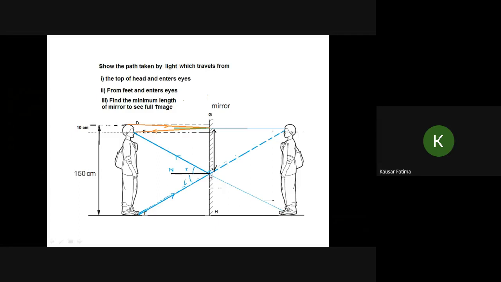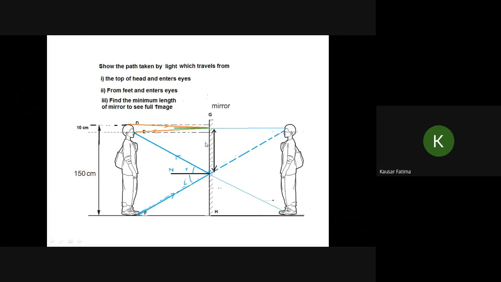Okay, so this part is the bottom of the mirror, and the upper part: the head's ray strikes this part of the mirror and goes back, to this point. If this is 10 centimeter, then this is 5 centimeter, and the whole height from the feet of the person till the eye is 140.